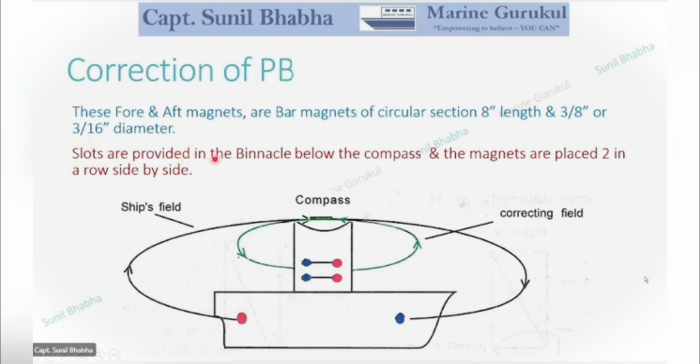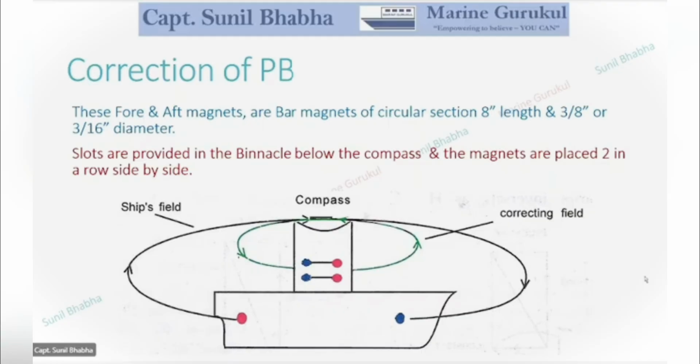Slots are provided in the binnacle below the compass, and the magnets are placed 2 in a row side by side. So when we place these corrector magnets, they are always placed in pairs. One of the magnets is slightly to the starboard of the compass, another magnet is slightly to the port of the compass. Now why are they placed in pairs?